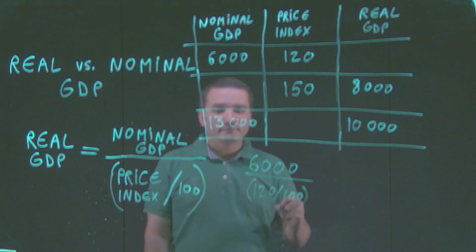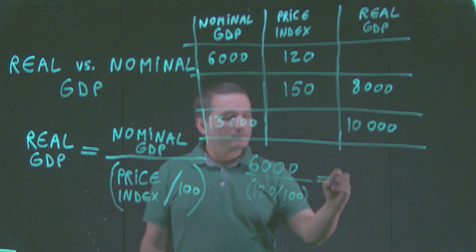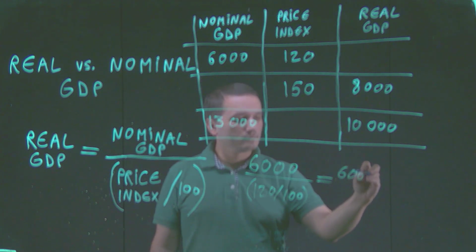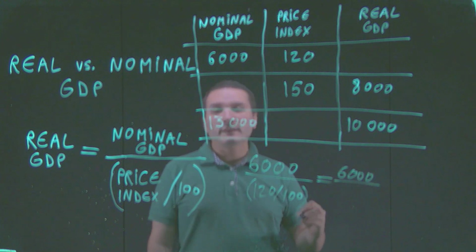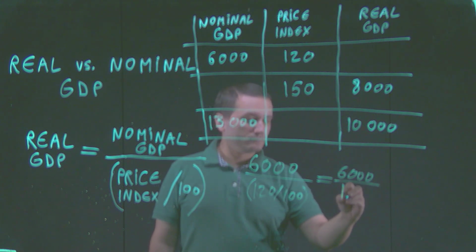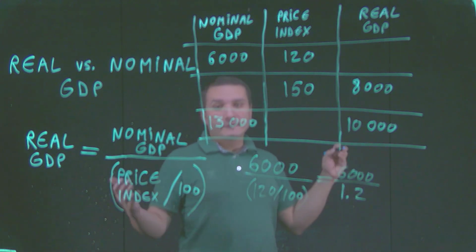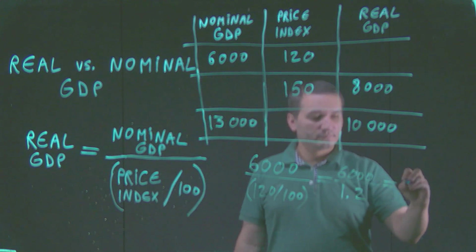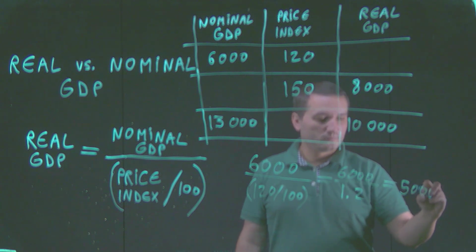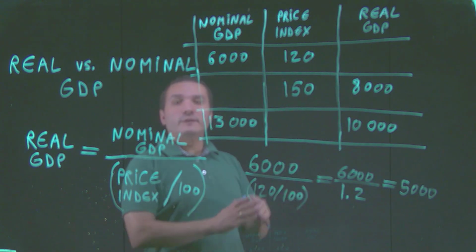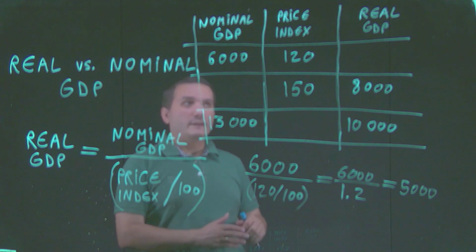In other words, we're looking at 6,000 divided by 1.2, which is 5,000. So there you go. For the first row, real GDP is 5,000.